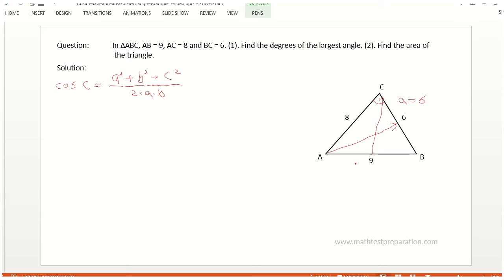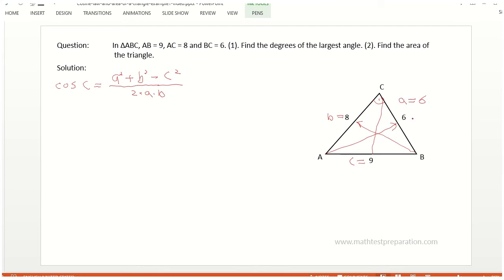B is the side opposite the angle B. The angle B is opposite the side AC, so B equals 8. C is the side opposite the angle C. The angle C is opposite the side AB, so C is 9.